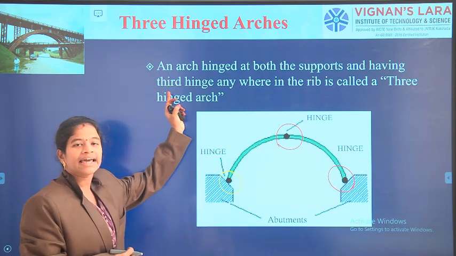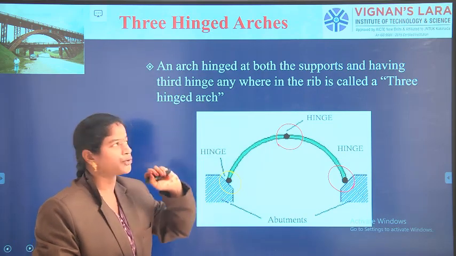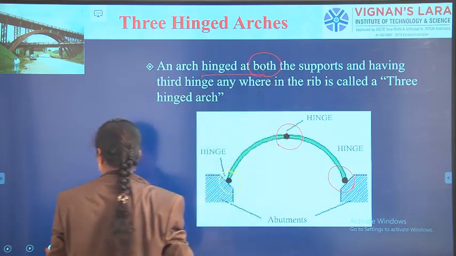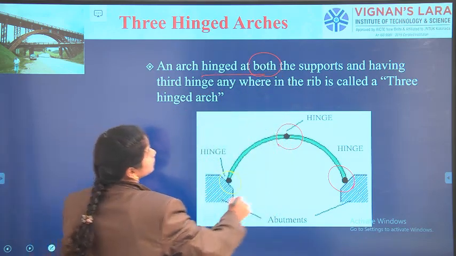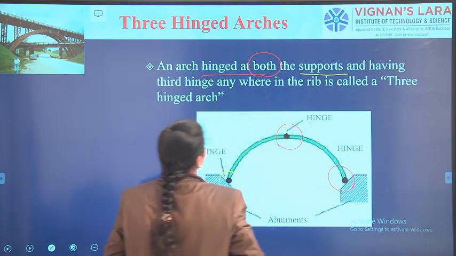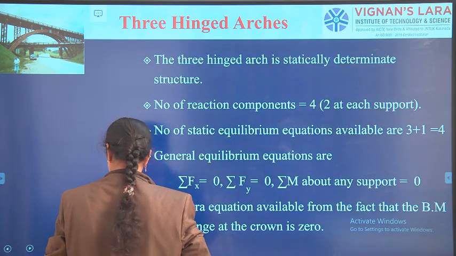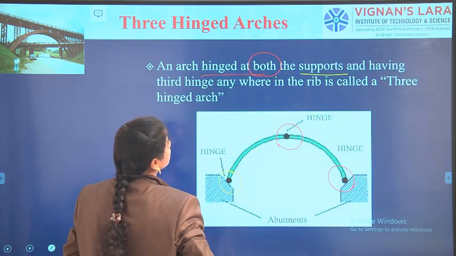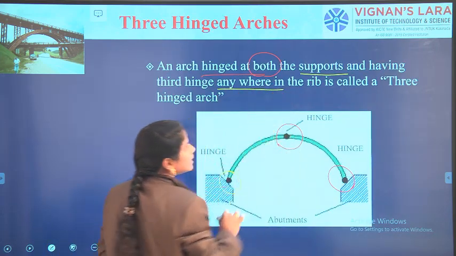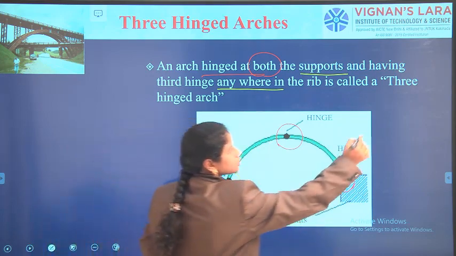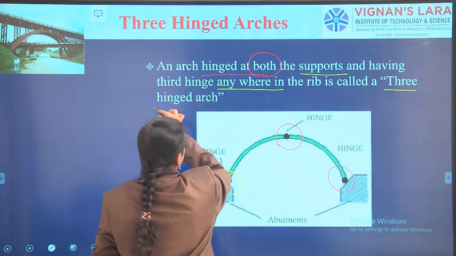Again, I have given here an arch hinged at both the supports and having a third hinge anywhere in the rib. Having a third hinge anywhere in the rib is called a three-hinged arch.